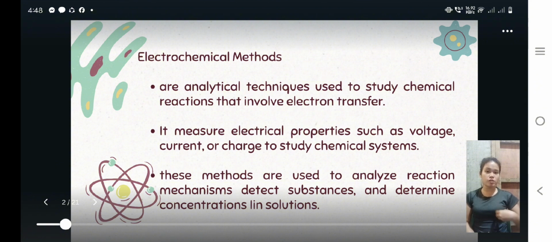The chemical reactions create electricity, and the chemical reaction can also measure the electricity. That's why they have a relationship, the chemical reactions and the electricity, or the electron transfer.